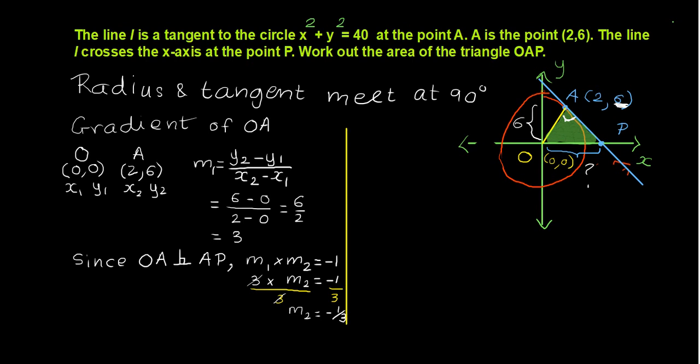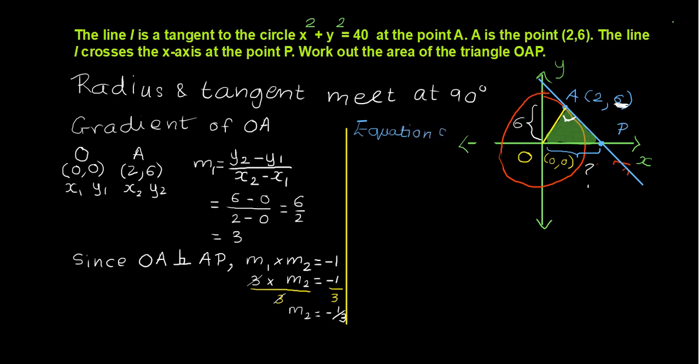Okay, let's do the next bit in a different color. So I'm going to start off with blue. Okay, so the equation of AP. Right, let's find the equation of AP. That's the next step. So I found the gradient of AP.